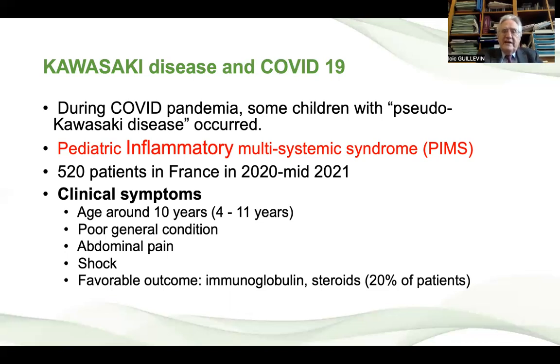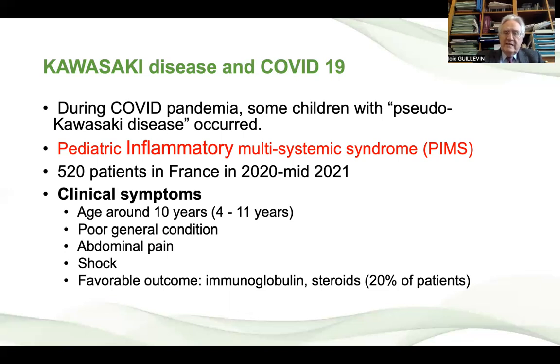First of all, the age. It's around 10 years, between 4 and 11. The first symptoms are a poor general condition. After that, abdominal pain, which is very intense, and the children go to the emergency ward because of the abdominal pain.